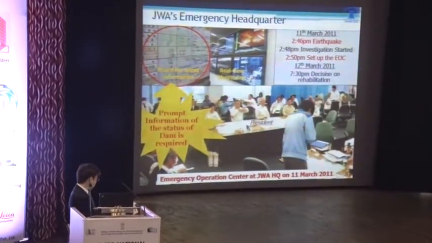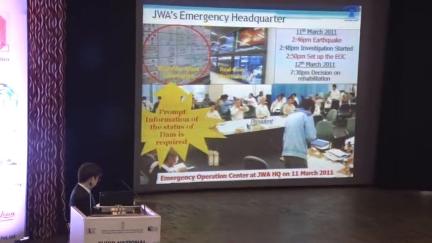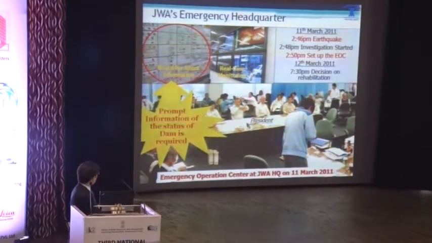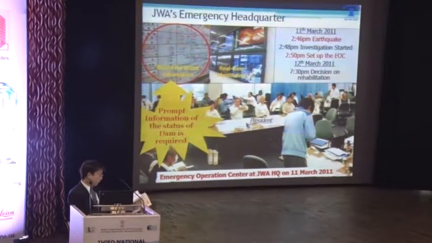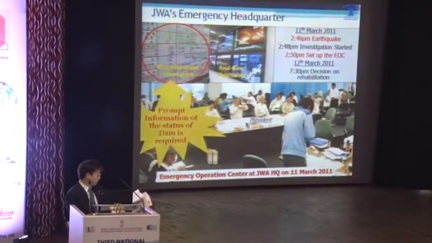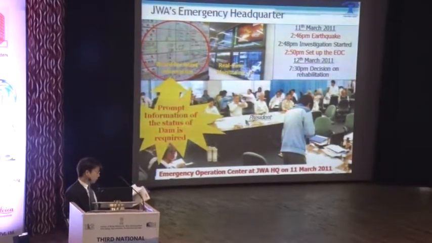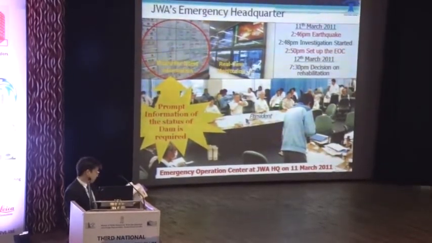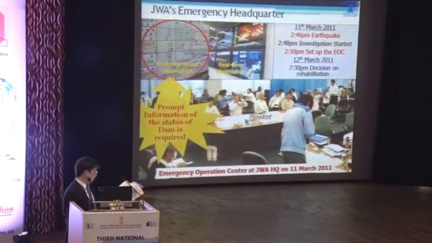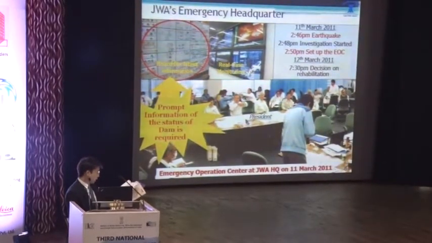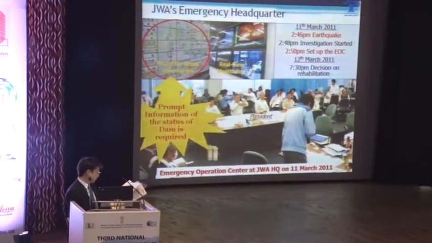This slide shows the status of the Emergency Operating Center of Japan Water Agency, which opened 4 minutes after the great earthquake. All Japanese government agencies have their own action plan for disasters.